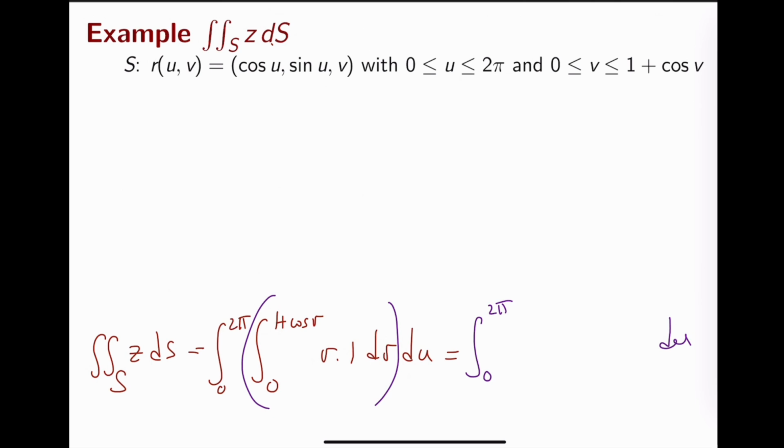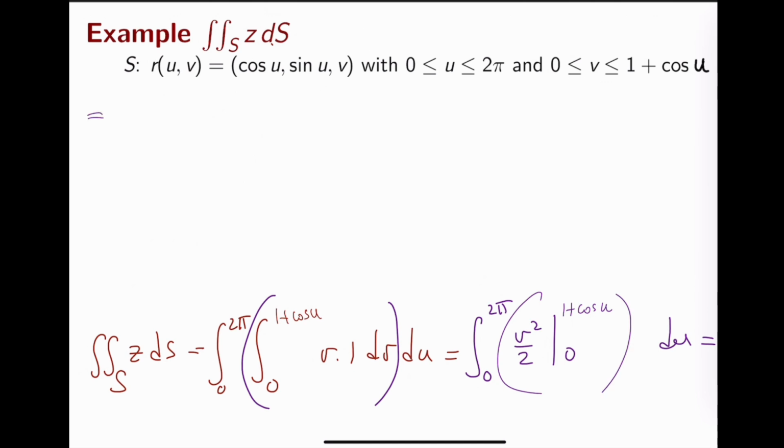The integral of v is v squared over 2, and this is going to be evaluated between 0 and 1 plus cosine of u. Observe here there should be cosine of u. And so we do this evaluation.